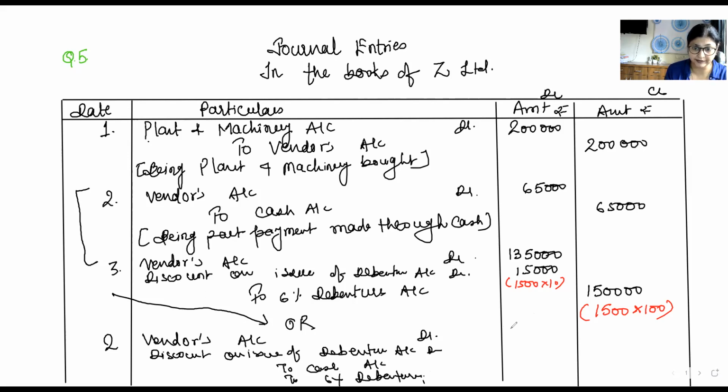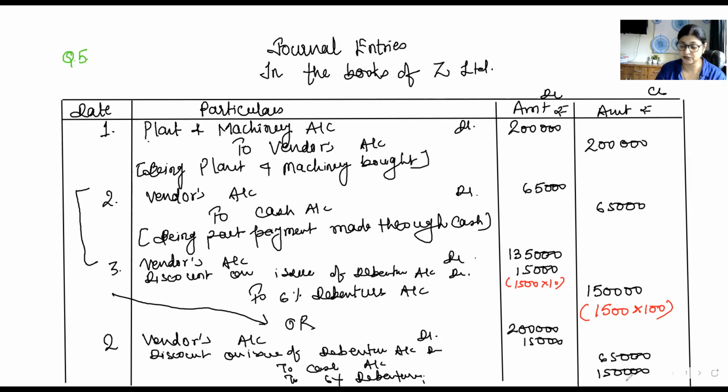The amounts are: vendor will be debited with 2 lakh rupees, discount 15,000, cash 65,000, and 6% debenture 1,50,000.